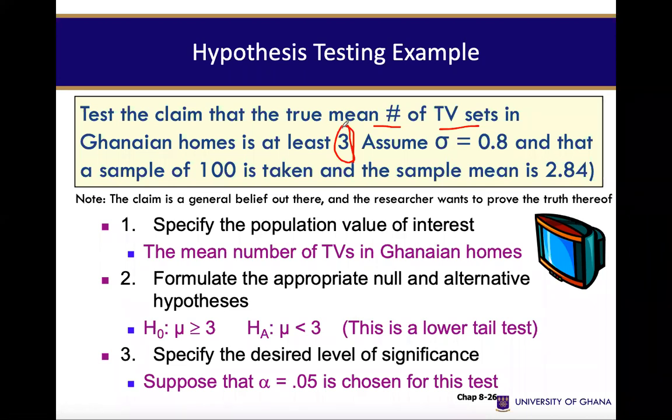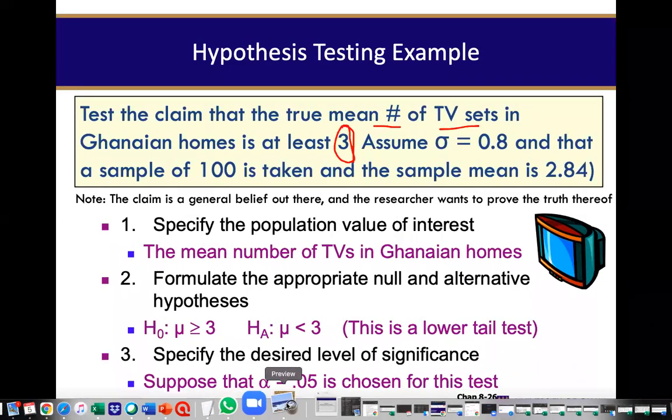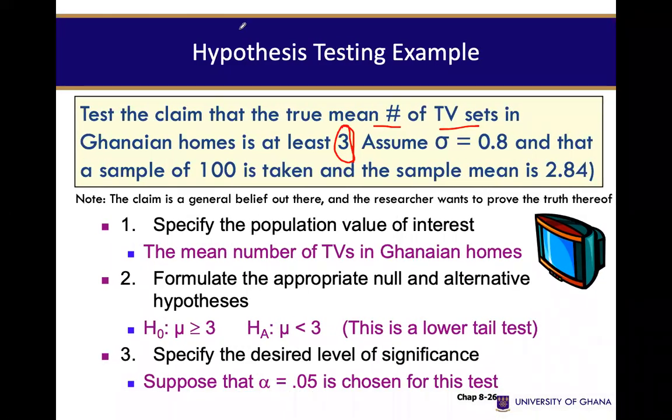Now, assume that sigma is equal to 0.8 and that a sample of 100 is taken and the sample mean is 2.84. So let's look at the parameters that we've been given. Anybody to help me with this question so that we can go through on a step-by-step basis? All right, Maureen, thanks.